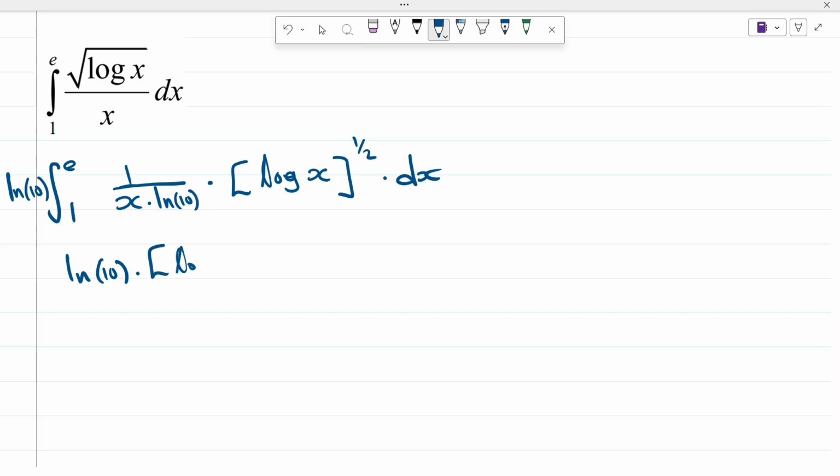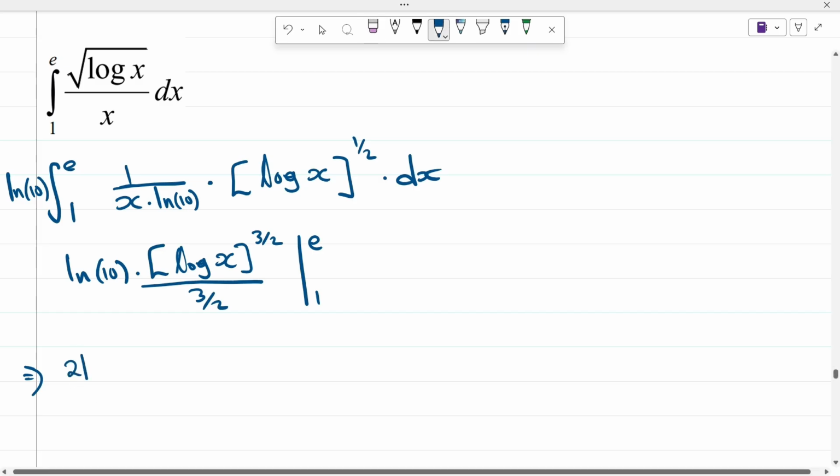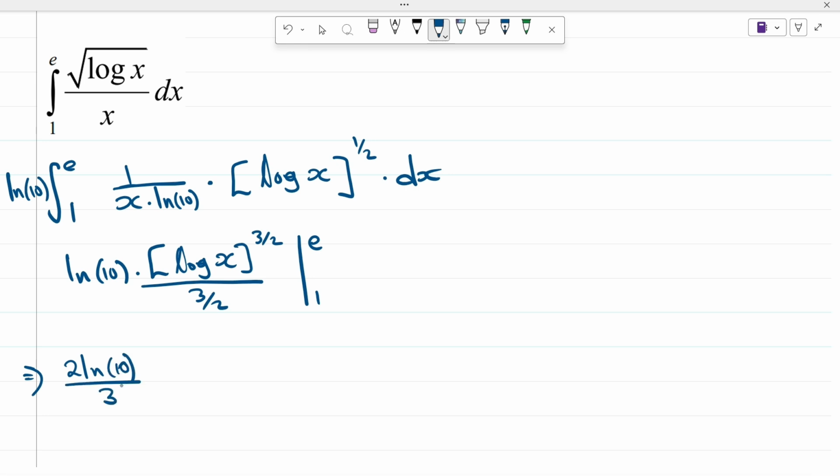Multiplied by log of x to the power of 3 over 2, all divided by 3 over 2. I put my limits e and 1. Then from here I need to substitute my limits. So I'm going to get 2 ln of 10 divided by 3 multiplied by the log there.